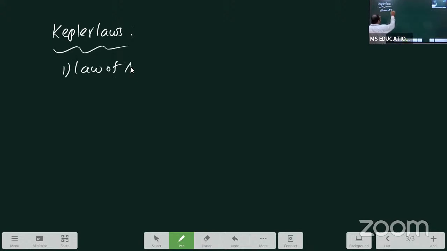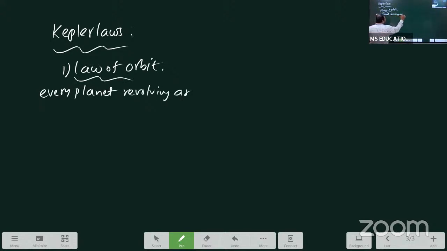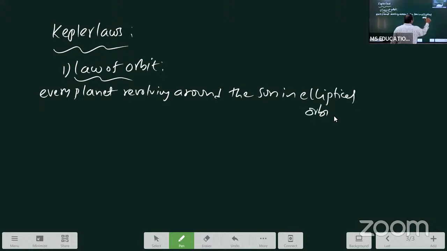Same Kepler's laws. Kepler's laws of planetary motion, law of orbit. Like this, see, every planet revolving around the sun in an elliptical orbit, sun at foci.